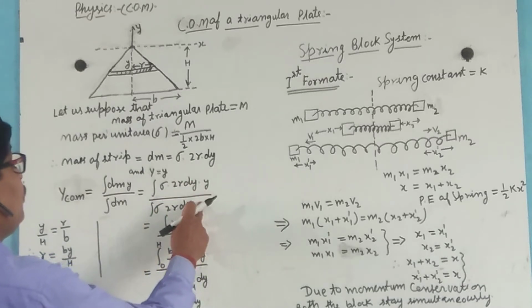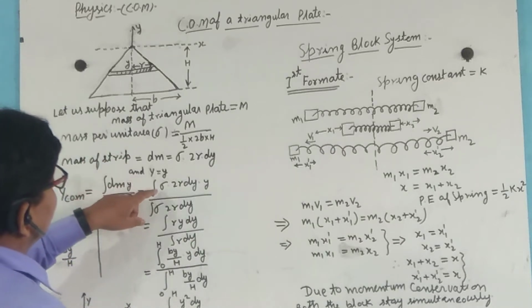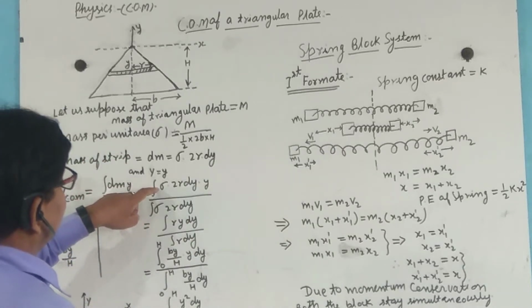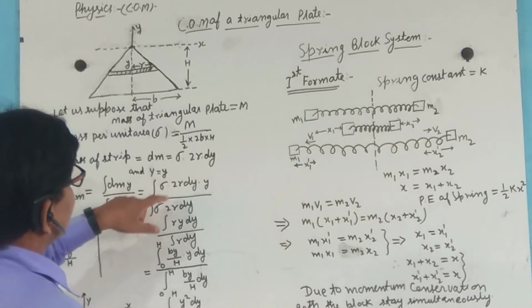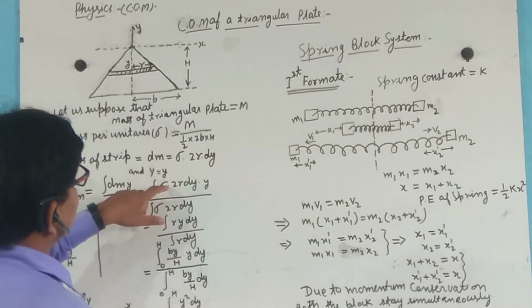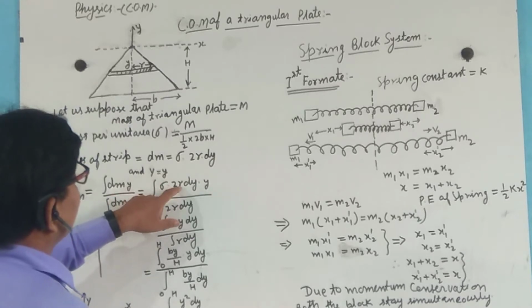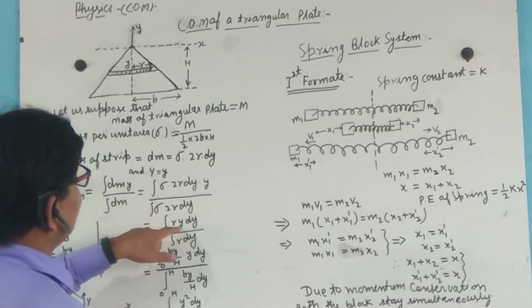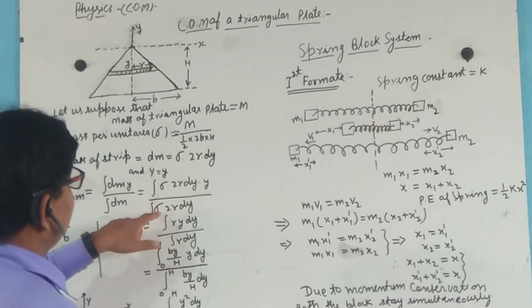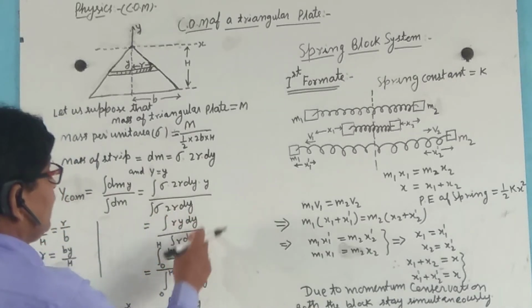Now in this case sigma and sigma cancel and 2 cancels. Then we have the integration of r y dy divided by the integration of r dy.